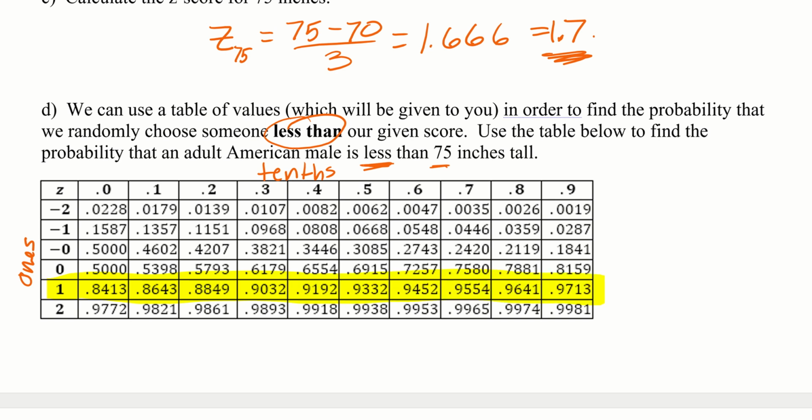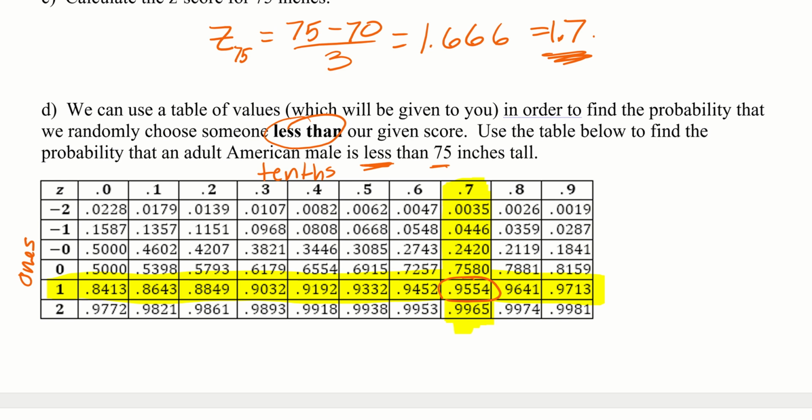Then we have 0.7, which is this column. It's really hard to see because my highlighter is thick, but where do the two intersect? They intersect right here.